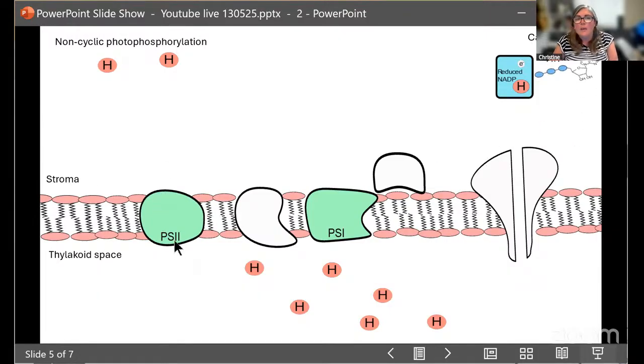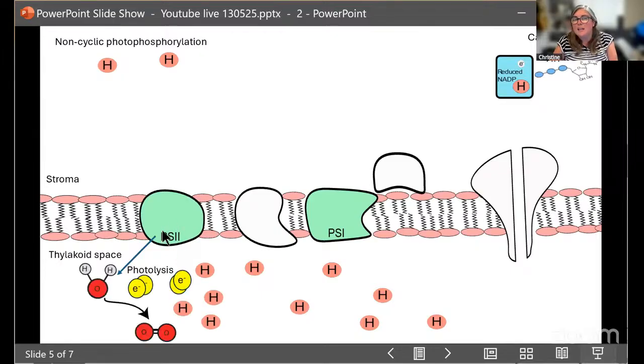But we have taken the electrons from photosystem 2 to replace the electrons that were donated by photosystem 1. So remember, photosystem 1's electrons are up here in the reduced NADP. Photosystem 2's electrons went to photosystem 1. So we need to replace the electrons that were donated. And that's why we need to do what's called photolysis, depending on how your teacher says it.